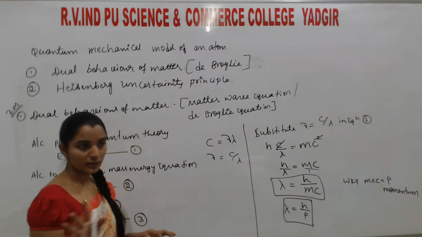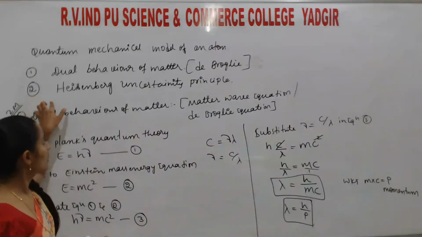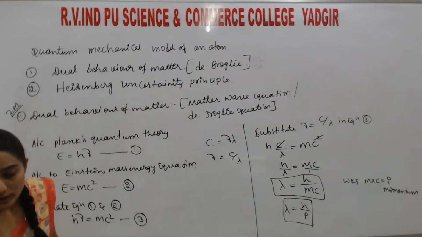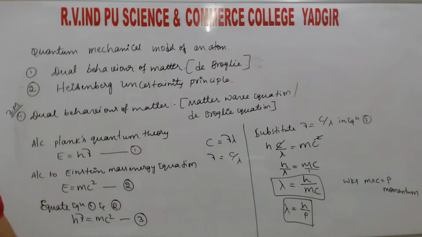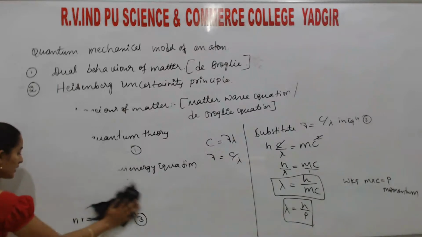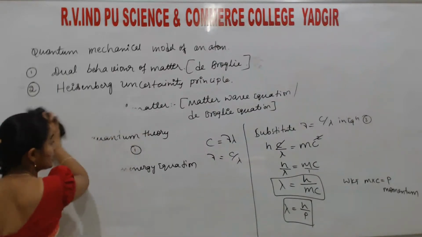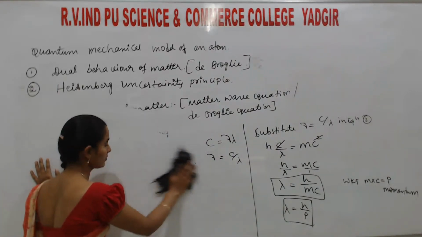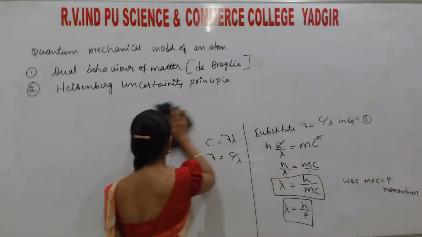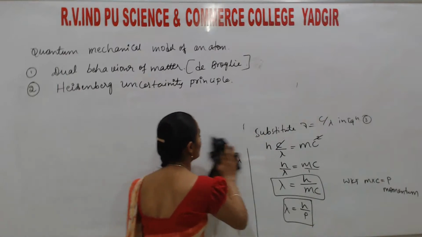So first thing is finished. Second one is what? Heisenberg's uncertainty principle. What does uncertainty mean? Uncertain means which is not possible. Certain means of course which is possible. Uncertain means which cannot be possible.